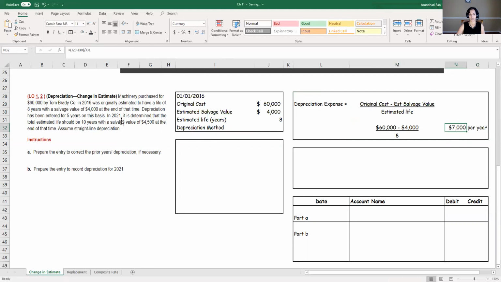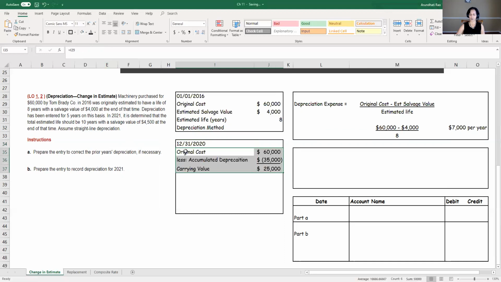Now in 2021, when I make the revisions in estimates, I need to find out what the book value of the asset is at this point of time. So I need to find out at December 31st, 2020, what the book value is. That's one day before the change in estimate has been made. And I'll explain to you why I need that information. This is fairly straightforward. Original cost minus accumulated depreciation gives me the carrying value or the book value of the asset.